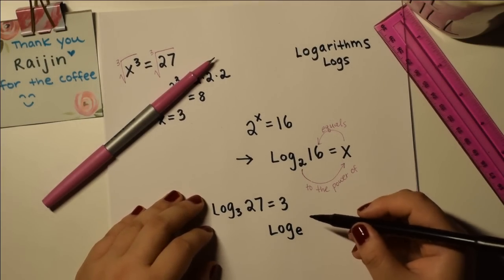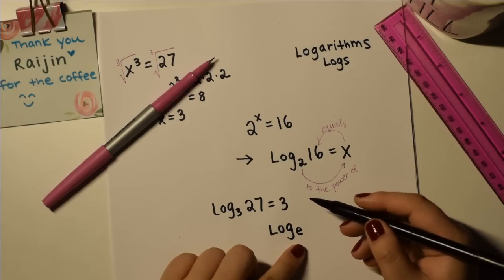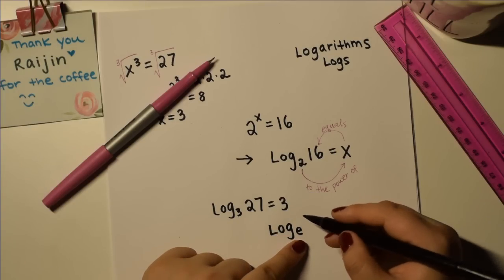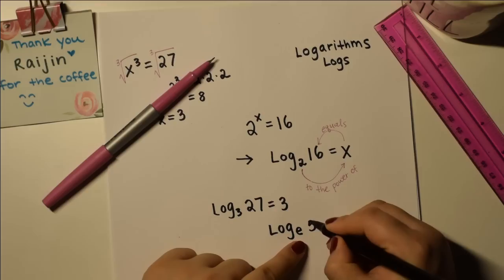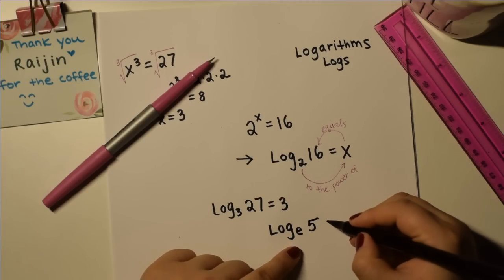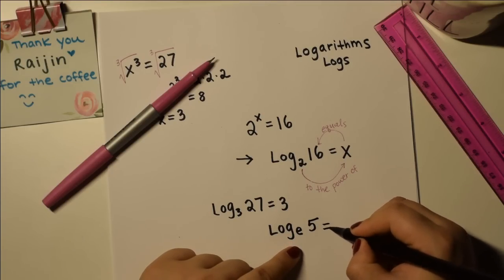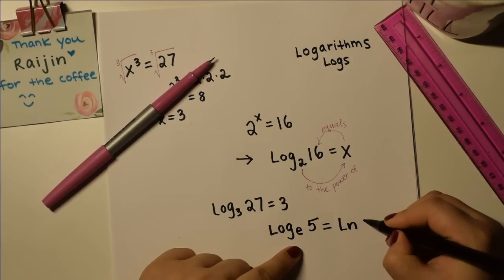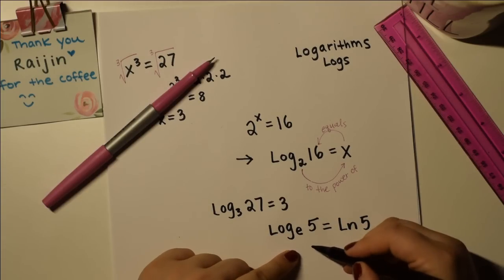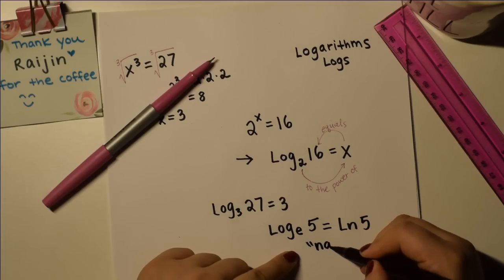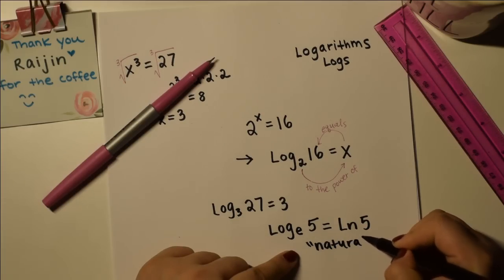But if you happen to have a log with the base e, let's say of 5, that's called the natural log, and you can also write that as ln 5. So that's read as the natural log.